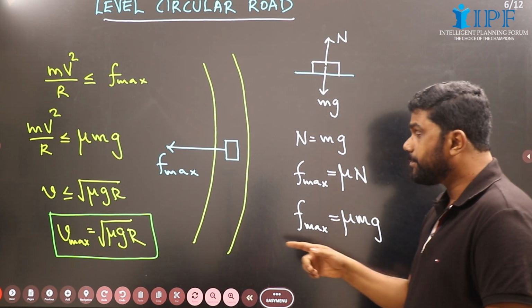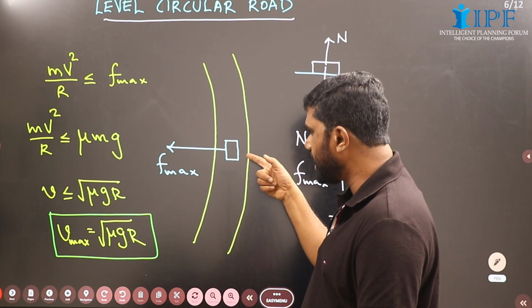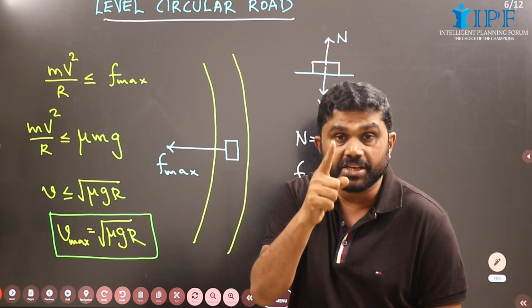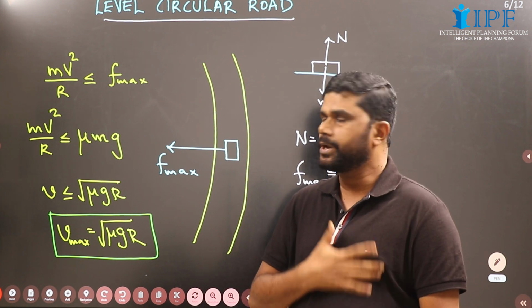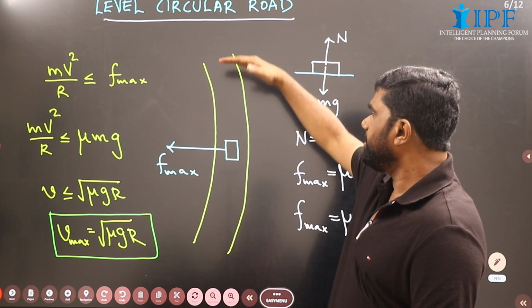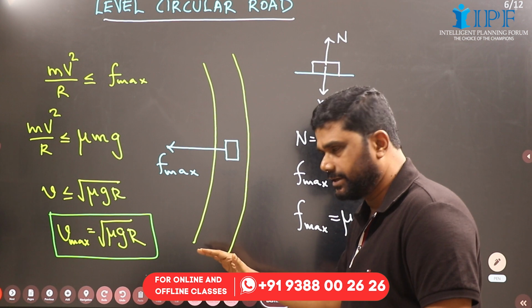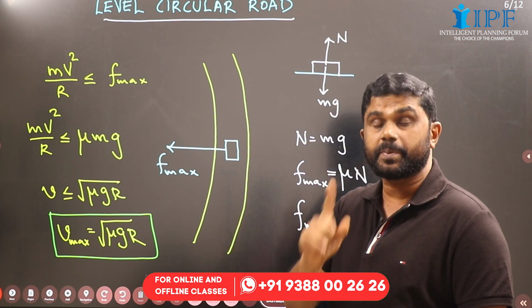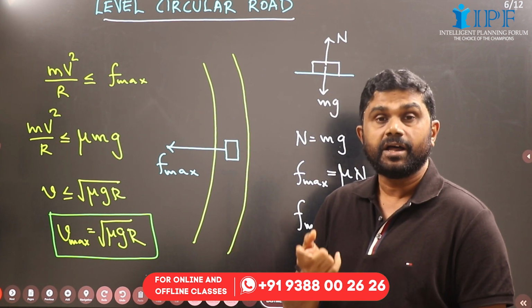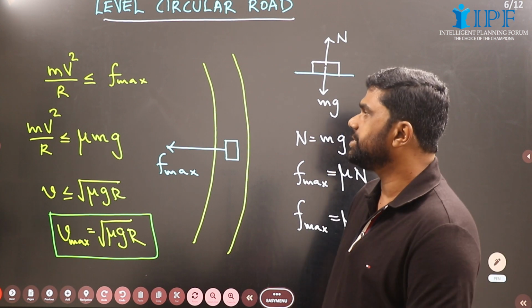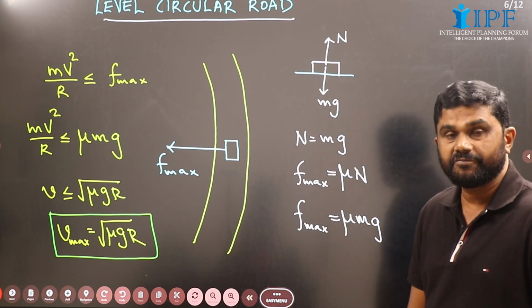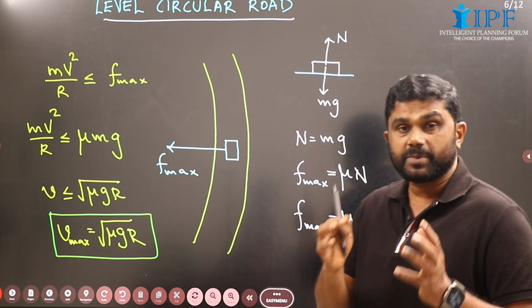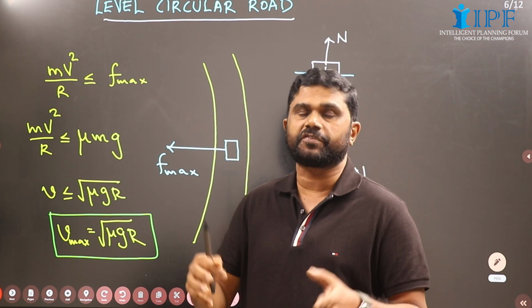That F max, or friction, will be acting towards the center to provide the centripetal force. Now if the vehicle is taking this turn with a speed v, then the required centripetal force is mv square by r. That must be less than or equal to the friction.